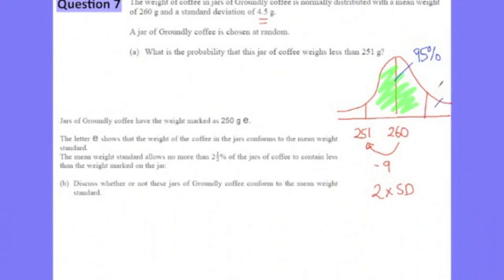This means we have 2.5% this side and 2.5% this side. Question is, what's the probability that a jar of coffee weighs less than 251? It's the percentage here, 2.5. Why? Because 251 is 2 standard deviations away from the mean.